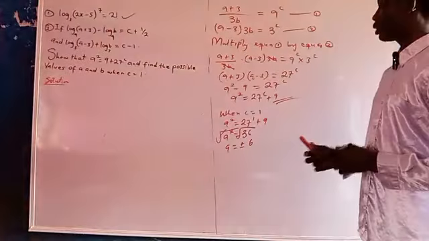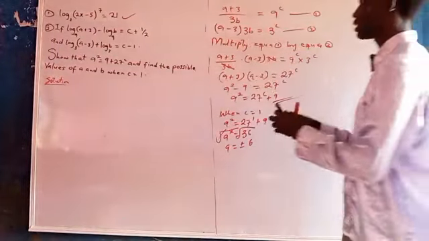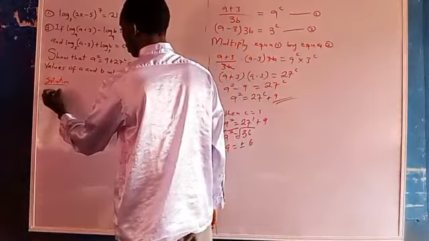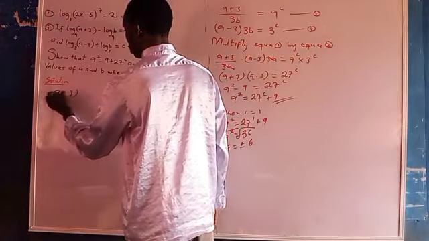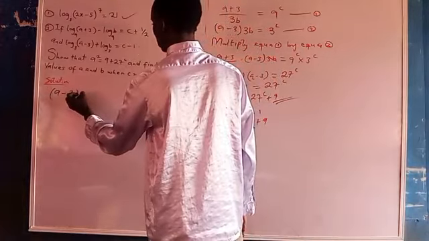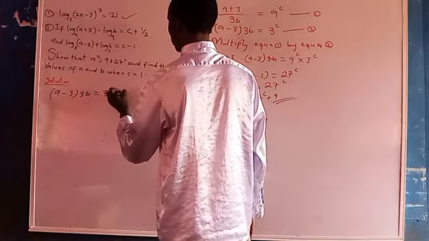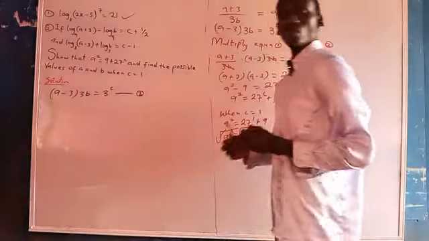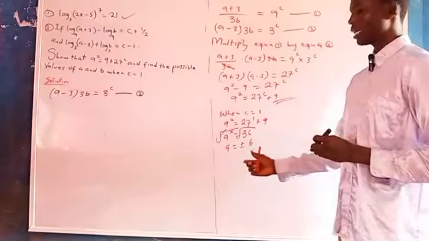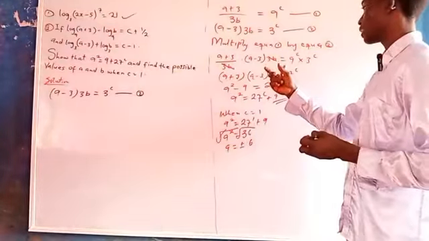All right, so if our a equals positive 6, I will insert it into equation 2. Equation 2 is a minus 3, multiplied by 3b equals 3 to the power of c. That's our equation 2. But our c is 1, and a is known to be positive 6, because we said minus 6 cannot fit into this.